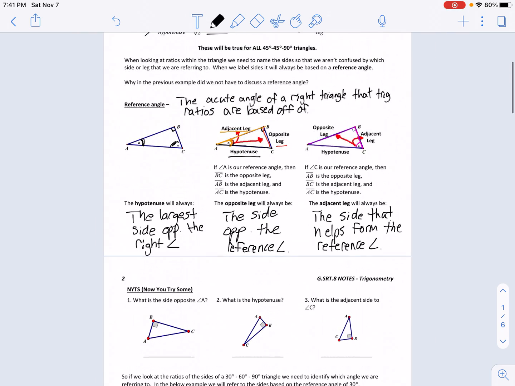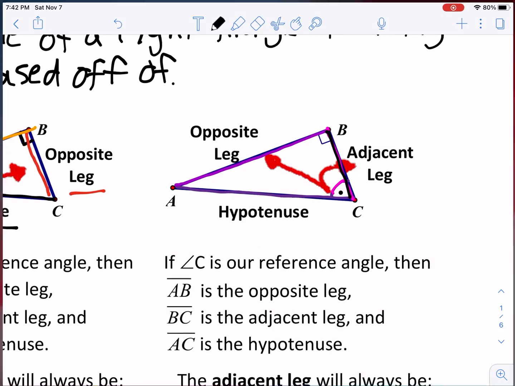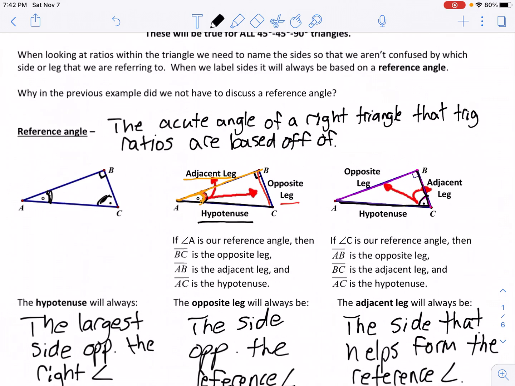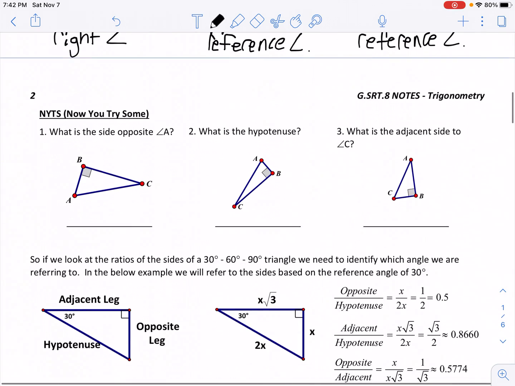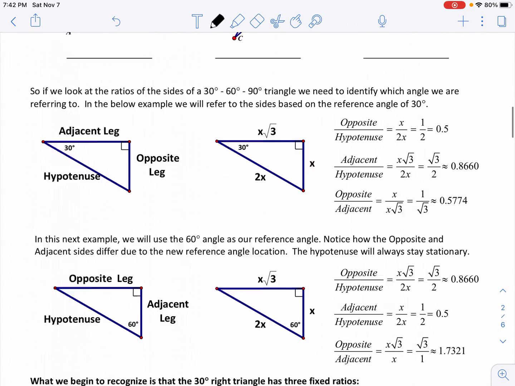It's adjacent to it, but it helps form this angle along with our hypotenuse here. So the adjacent leg and the hypotenuse form our angle. Now, we'll get to those examples in class.